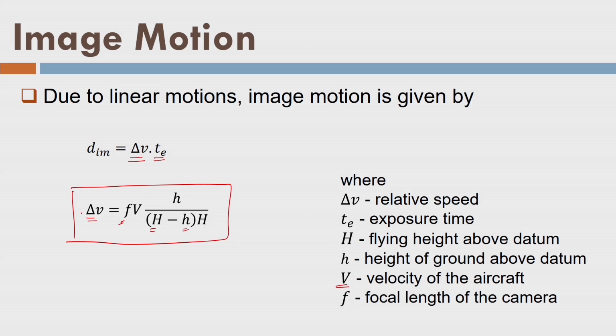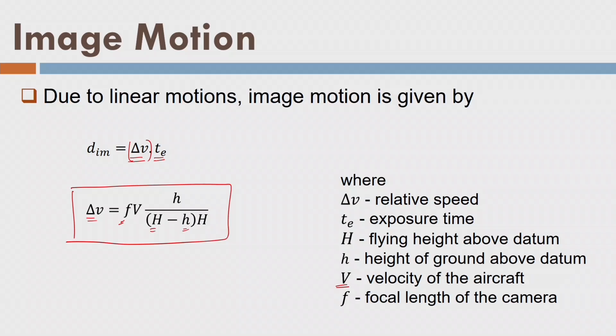So now you can see, if I multiply this delta v with the exposure time, I can find out during that exposure time what is the motion of a point which is moving with this speed delta v, and that is the image motion. Nowadays, camera technology, especially for digital aerial cameras, automatically corrects the image motion. So nowadays, image motion is not that relevant from the user perspective. Yes, if you are a company which is working for acquisition of data, you should consider this one. So these are the 4 systematic errors.